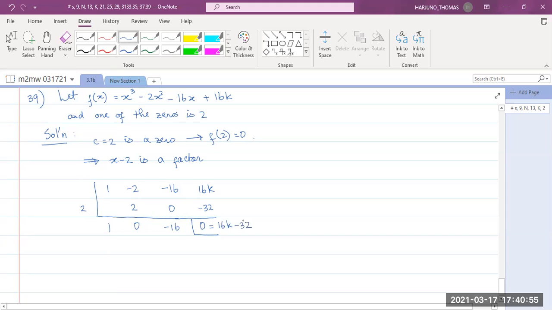Because according to the factor theorem, if c equals 2 is a zero, x minus 2 is a factor. So the remainder has to be 0. From there we found out that 16k equals 32, k equals 2.